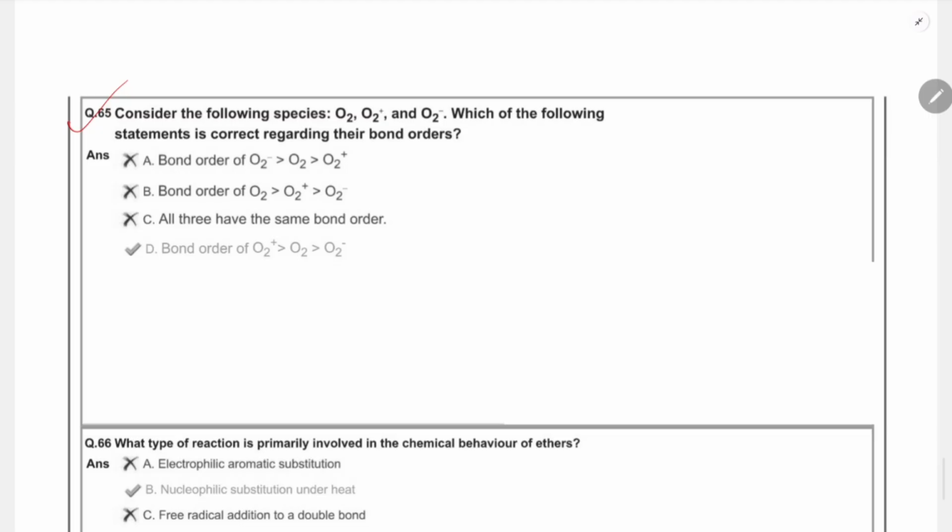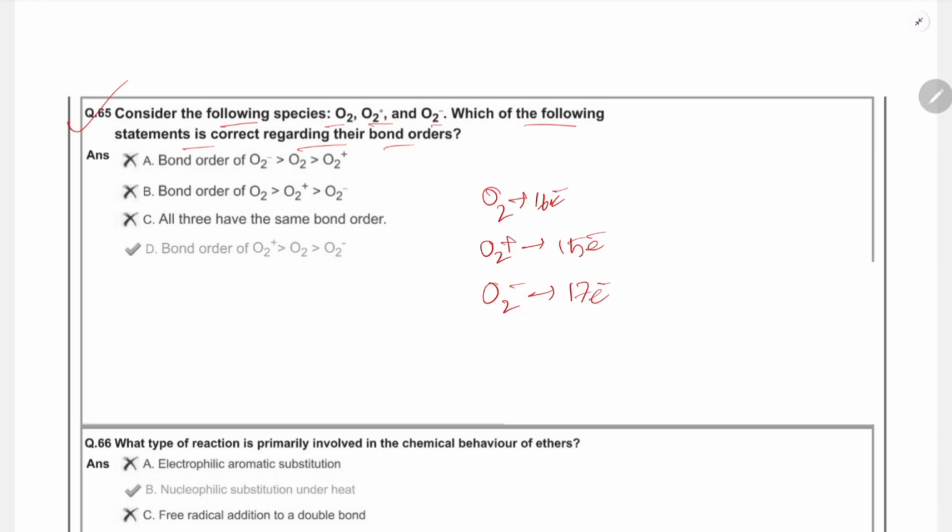In the question number 65, consider the following species: O2, O2 plus, O2 minus. Which of the following statements is correct regarding their bond energies? O2 has 16 electrons, O2 plus has 15 electrons, O2 minus has 17 electrons. Bond energy is directly proportional to bond order.